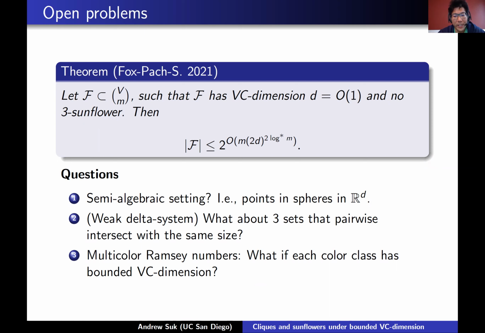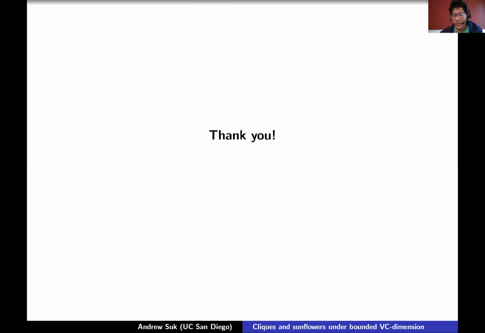Remember, if each color class has bounded VC dimension, when you take the union of all those neighborhoods, it's possible that the neighborhood set system has large VC dimension because there are so many colors. So unfortunately, in that situation, our proof breaks down. We thought that this would be a nice next step. Okay, and so that's it.